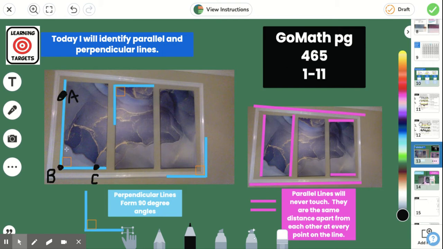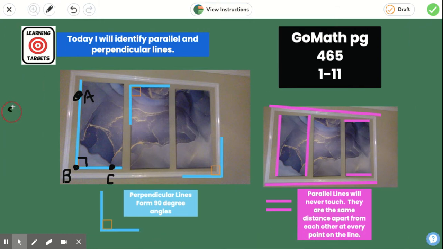So this line right here, AB, in order to say that these are perpendicular, because they form, you see this little box right here, so you see that they form a 90-degree angle, we would write line, you make the little line symbol, start at A, go to B, so line AB, and then to make the perpendicular symbol, you make this little symbol right here, so AB is perpendicular to the second line, BC.